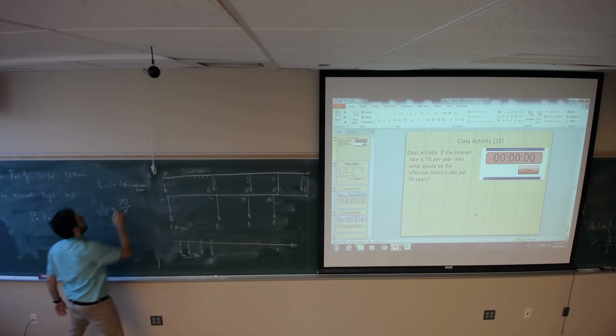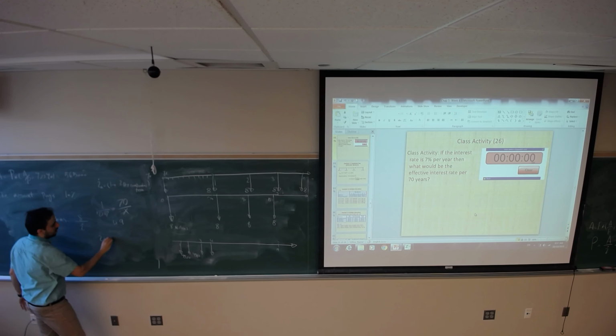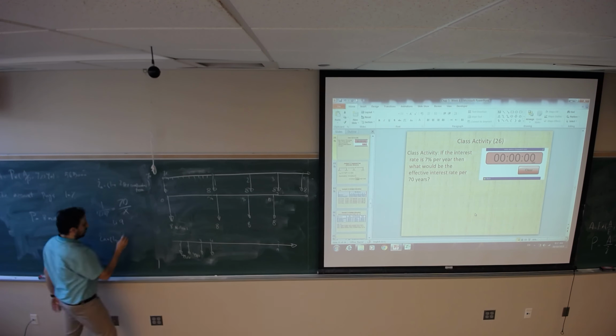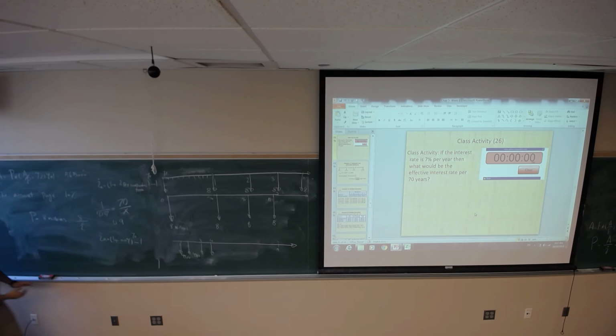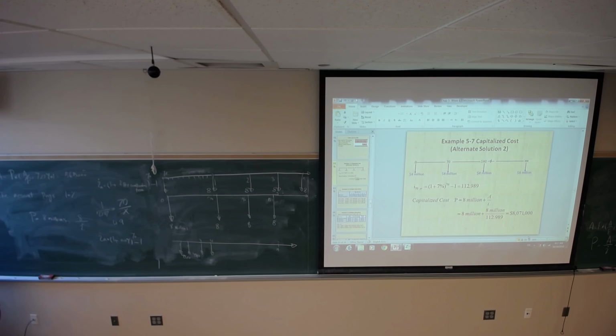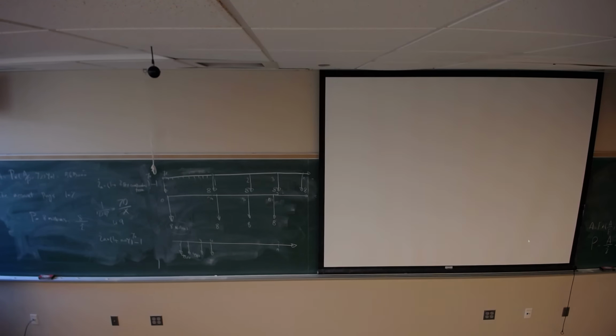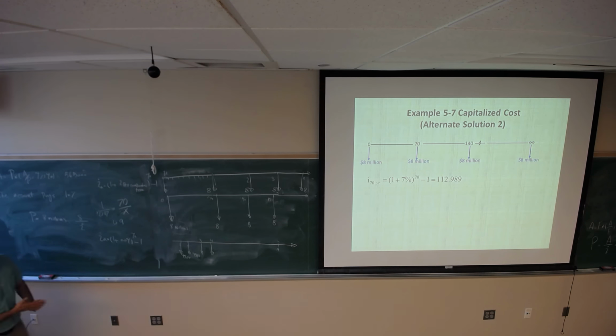We have 70. So to find I effective, this is going to be 1.07 to the power of 70, minus 1, and you will get the effective interest rate per 70 years. So per 70 years, the effective interest rate is 112.99, almost 113.